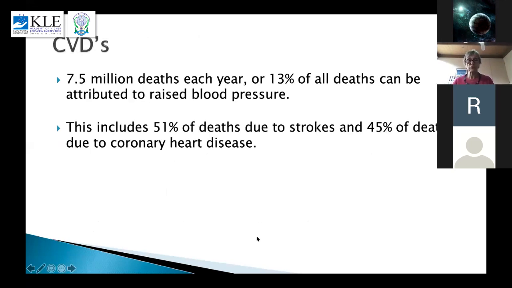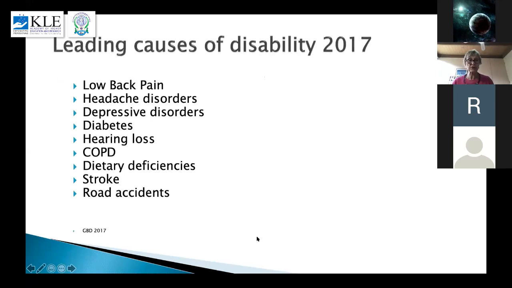Also attributable to high raised blood pressure, and again strokes and coronary heart disease. However, the leading causes of disability in 2017, and if we look at these, again, we see these are non-communicable diseases, and they're all areas in which physiotherapy plays an enormous role.